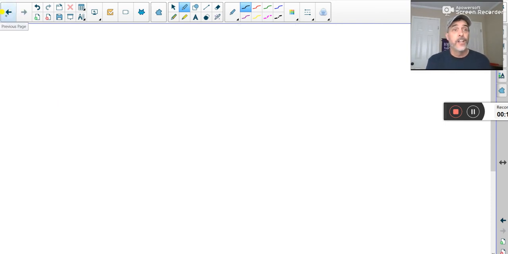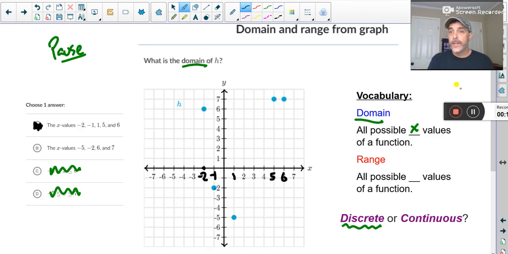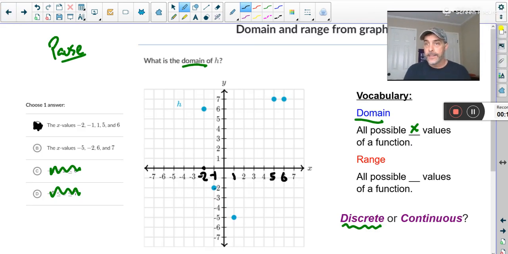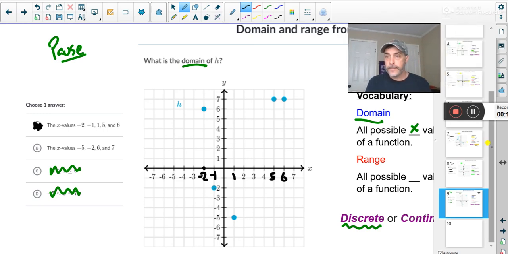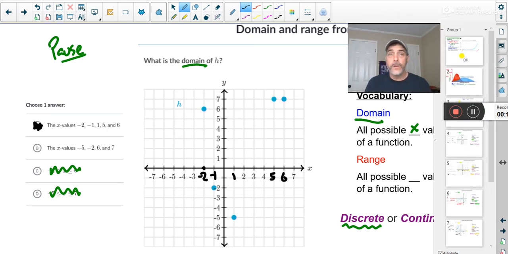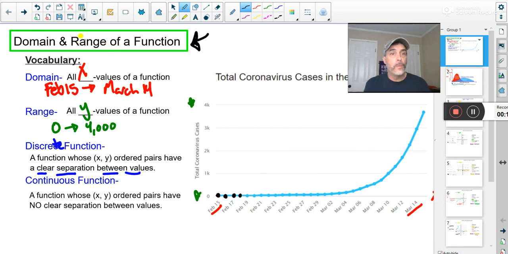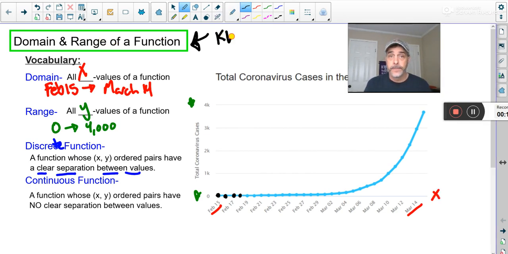And that is all. So what we just did was take a look at, I believe, 7 different problems. What I would like you to do now is to go to domain and range of a function on Khan Academy. So far, 7 students from all of my Algebra 1 classes have tried domain and range of a function.